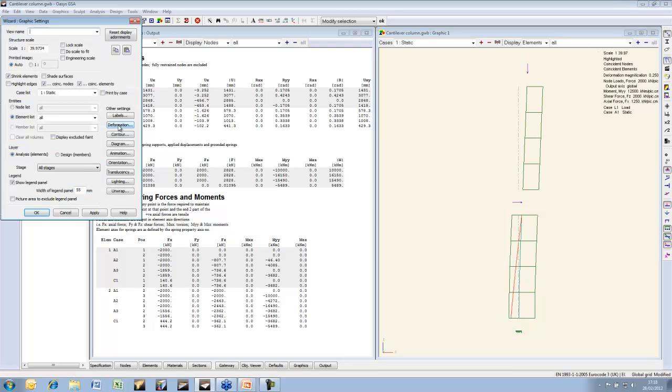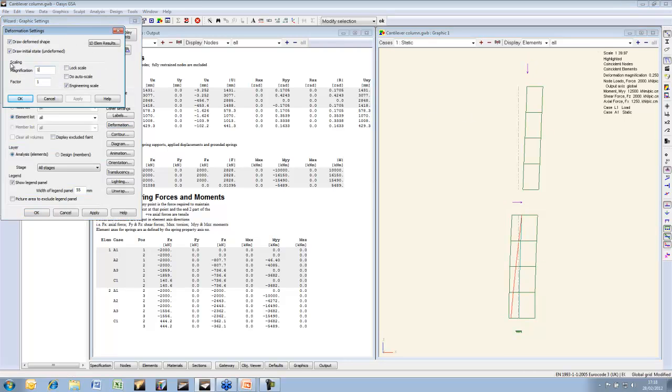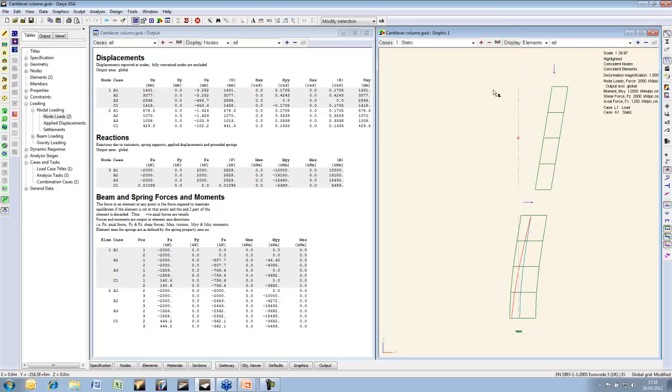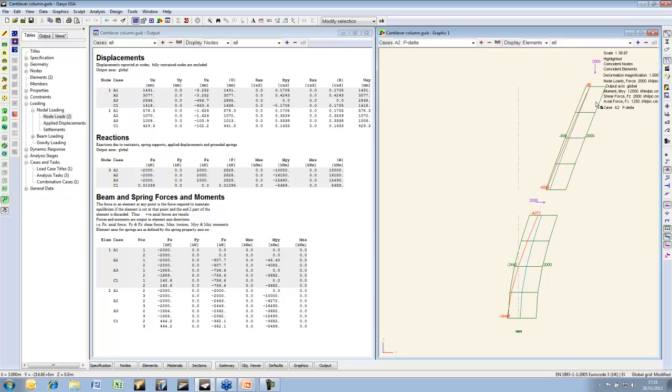And let me just set that deformation to 1. The P delta is much larger, and we're getting additional moments and additional shear forces.